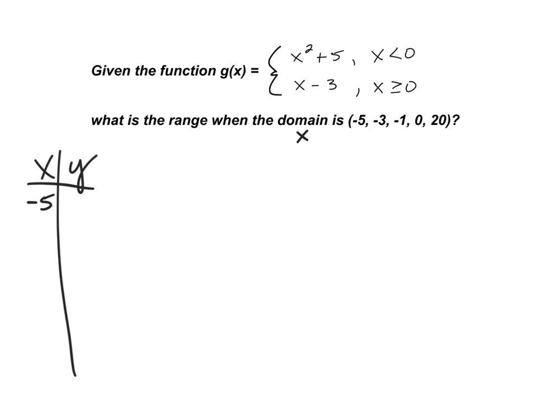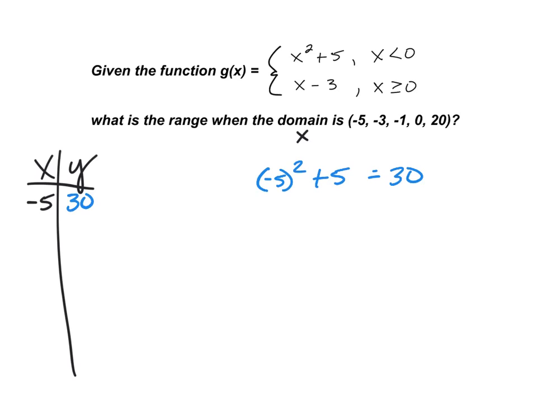I'm going to try to do it in a different color here. So for that first function, I'm going to plug in the -5 in place of x and see what I get. Well, -5 squared is 25. 25 plus 5 is 30. So the first member of my range is 30.